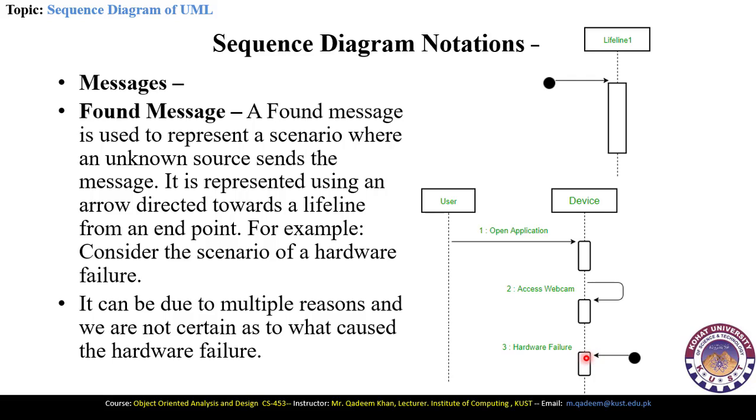It can be due to multiple reasons, and there is no certainty about what the cause of the hardware failure is. There is no known reason why the hardware has failed. So this one is a found message, and it is an unknown message sent from an unknown source.